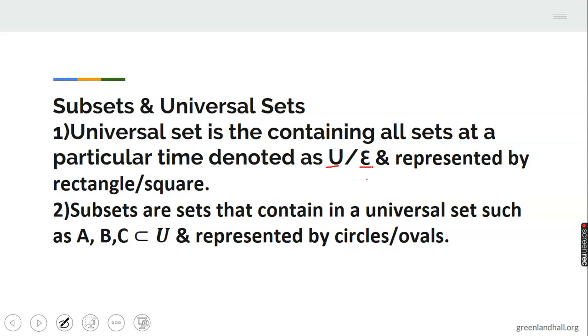While subsets are sets that are contained in a universal set, such as A, B, C. You can see this is the symbol for subset inside the U. We represent a subset with either circles or ovals.